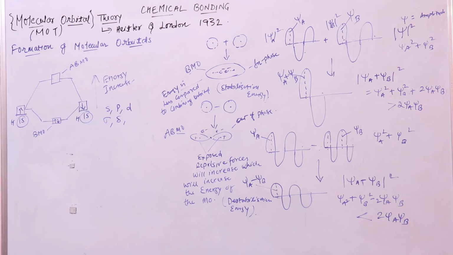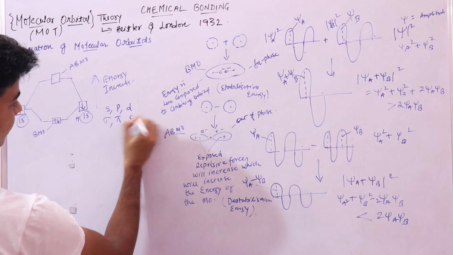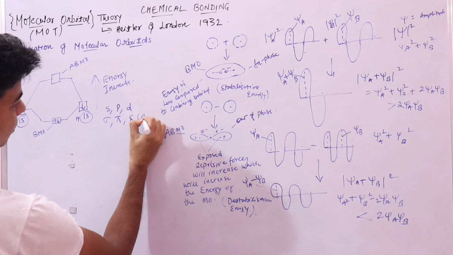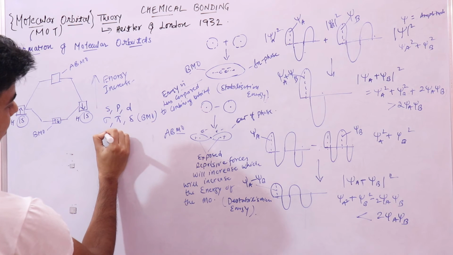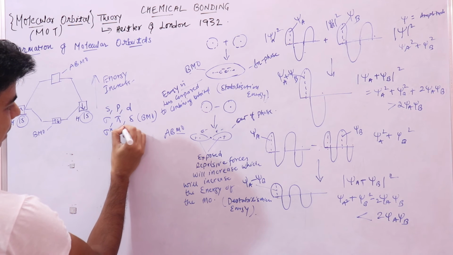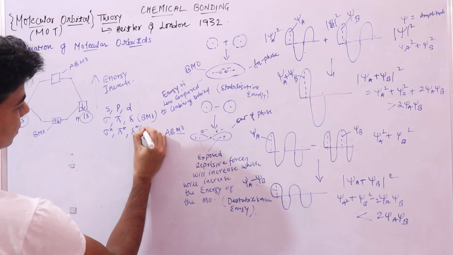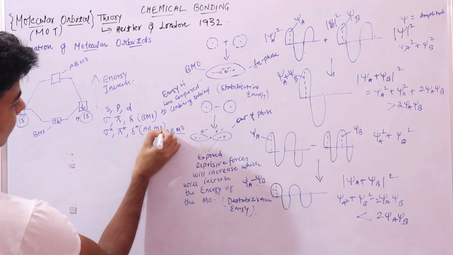These are the notations for bonding molecular orbitals. For anti-bonding orbitals, we just put a star sign: sigma star, pi star and delta star. This is for anti-bonding molecular orbitals.